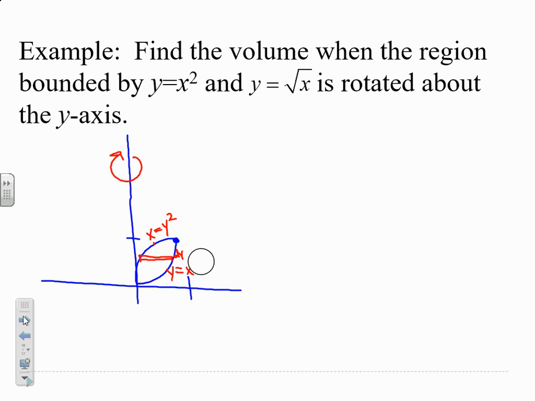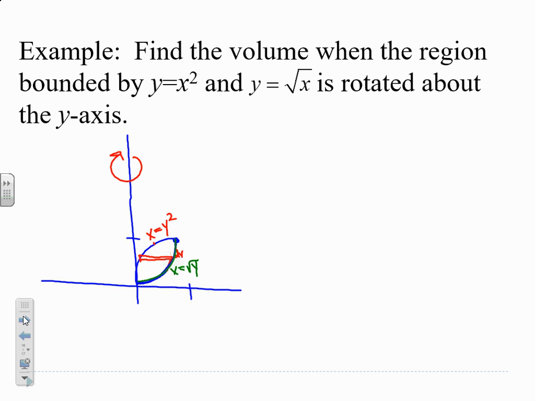And y equals x squared, we would write as, oh, what are we going to write this one as? Okay. X equals radical y, and I'm going to keep it as just the positive because the negative radical y would be over here. All right, so we're going to twist this around the y-axis.